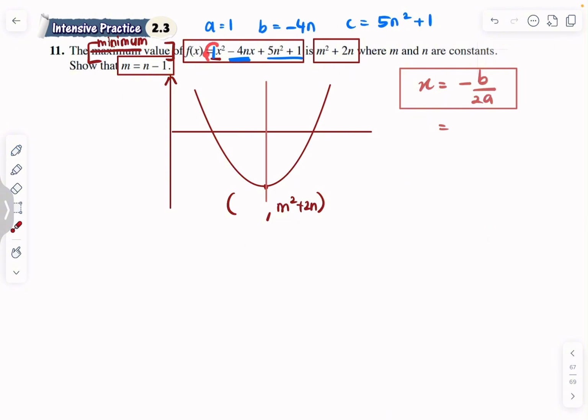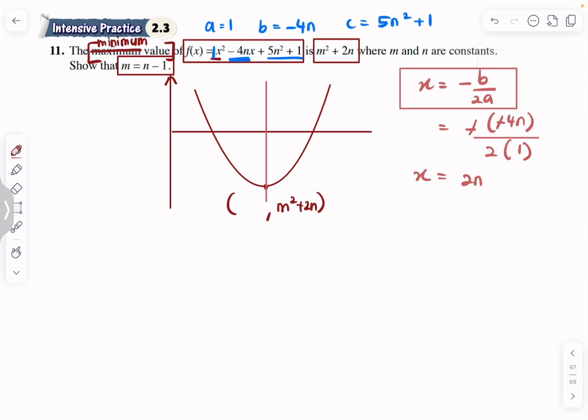A will be the coefficient of x squared, b will be the coefficient of x, and c will be the constant without any x. So negative b over 2a will be negative negative 4n divided by 2, which is 2n.